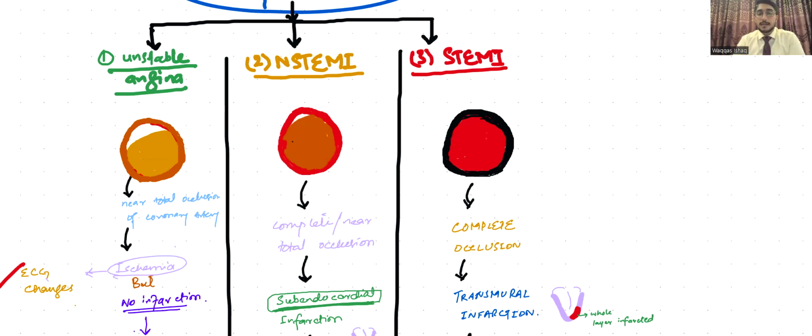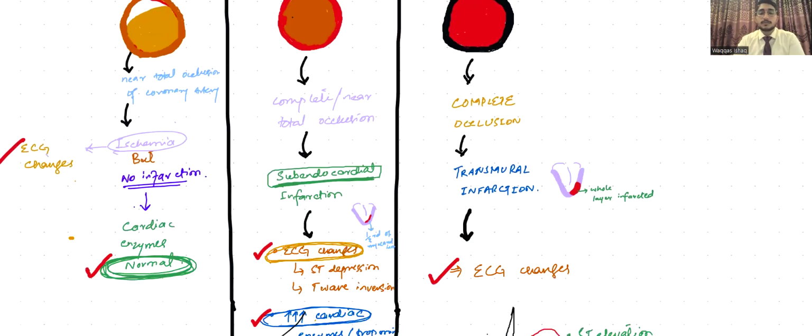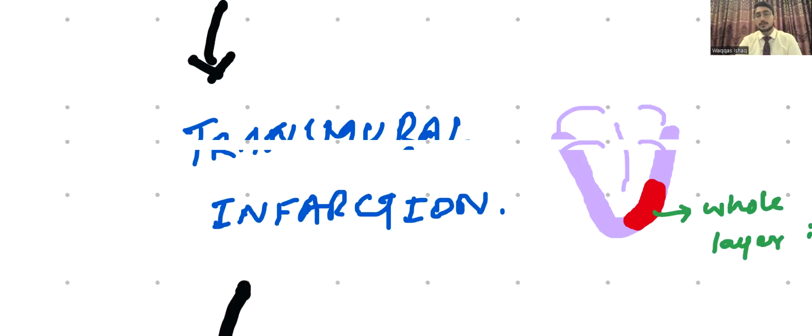So in STEMI, we have complete occlusion that's causing transmural infarction. Transmural means that the whole thickness of the ventricle is going to be infarcted. So this is the wall of the ventricle, and there's the area of infarction that's killing all of these cardiac myocytes.